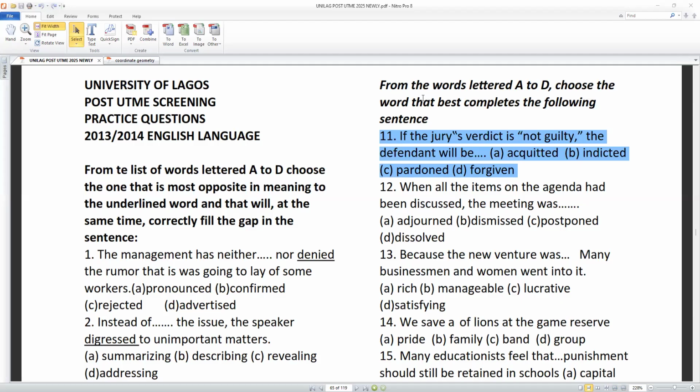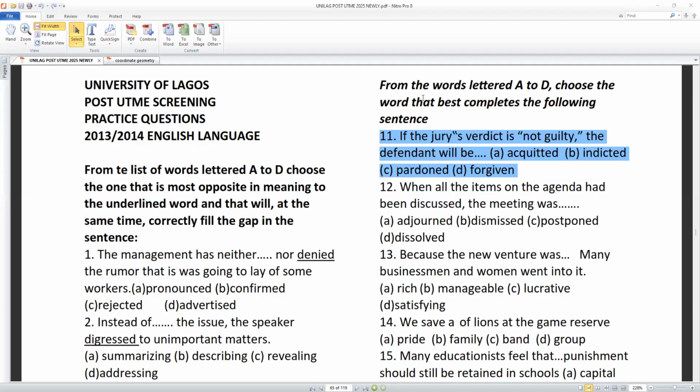But if there were no acquitted there, then you could go for pardoned. The third option, A, actually flows with the question. The jury, which are the lawyer. When you talk about members of the jury, you make recourse to the lawyer, right?